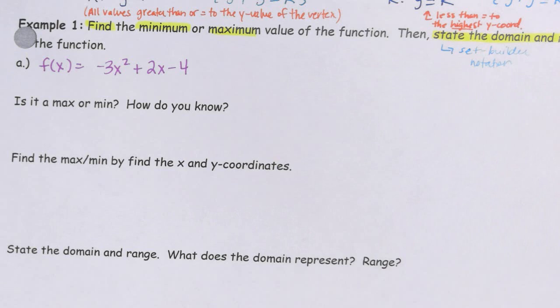Alright, so the first thing is asking you if it's a max or a min, and how do you know? So, we are going to work on our explanations, because again, on your quiz you are going to have to explain some of these things. So, if it is a max or a min, Evan, can you tell me which one it is for A?